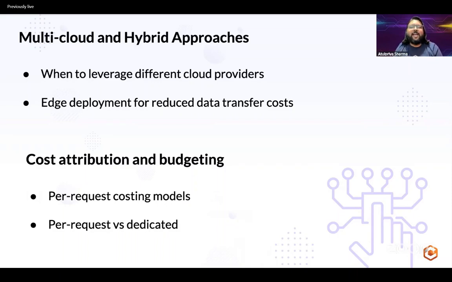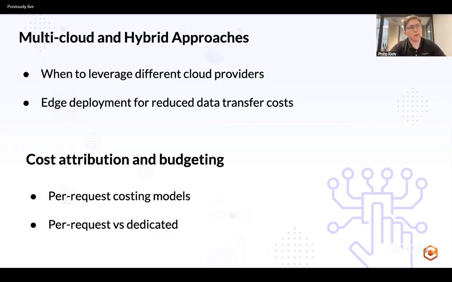Now, when we are discussing cost, especially infrastructure, the pricing model or cost attribution and budgeting also plays a vital role. I would want Philip to talk a little more about how various aspects are going to affect the overall cost when choosing a cost attribution model.